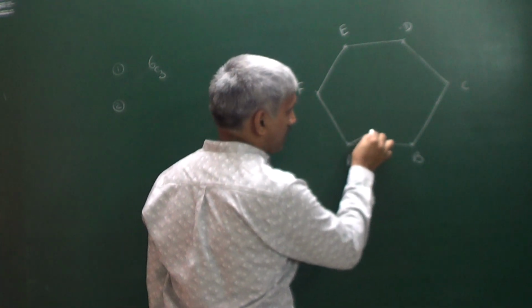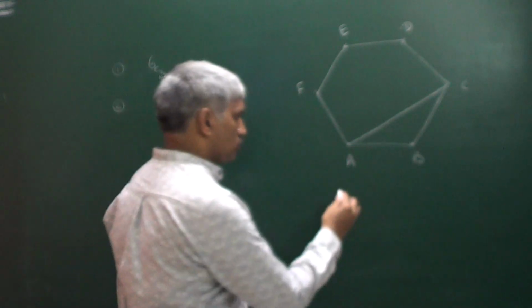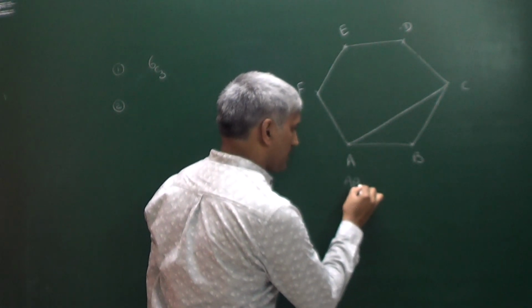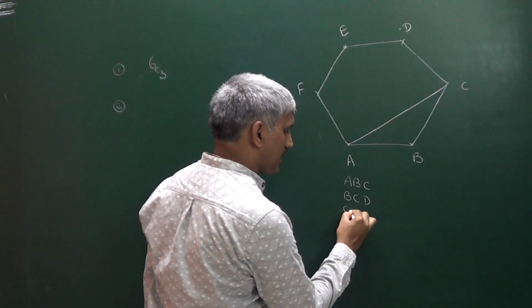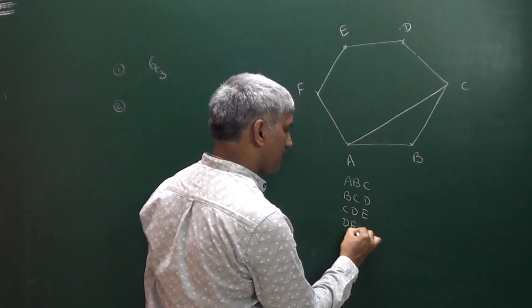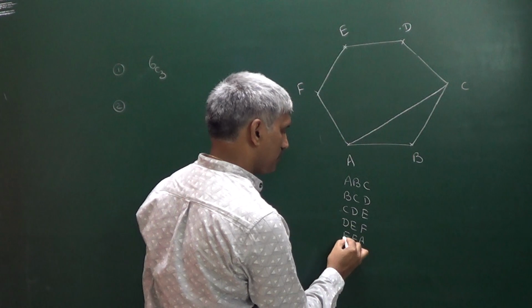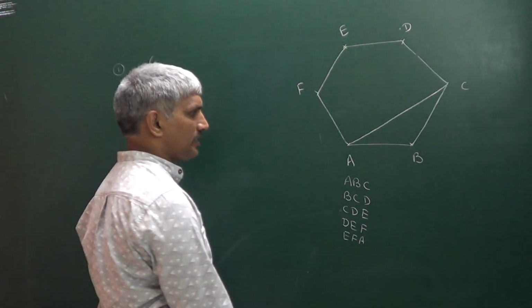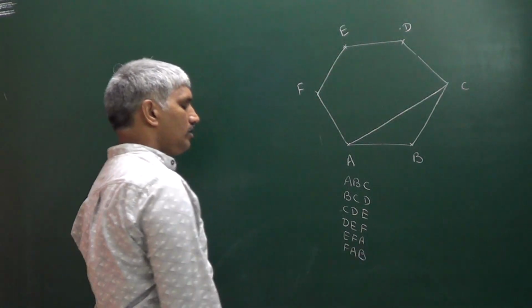You can observe, this is the triangle ABC. So you can observe ABC is one triangle. Next BCD is another triangle. Next CDE. Next DEF. Next EFA. Right? Next we have FAB.